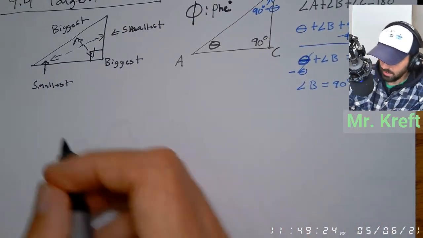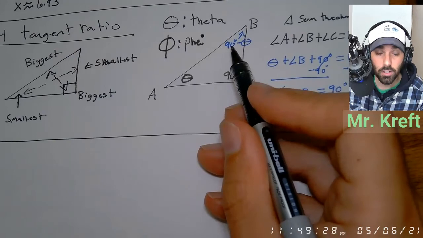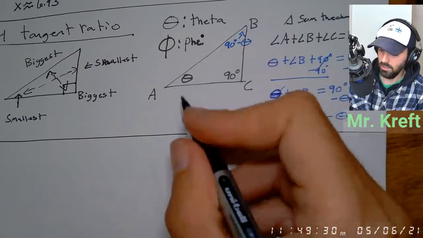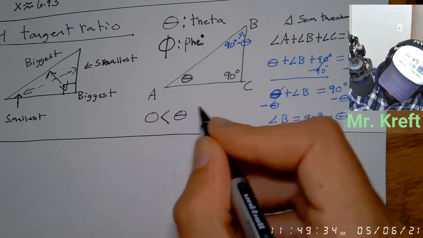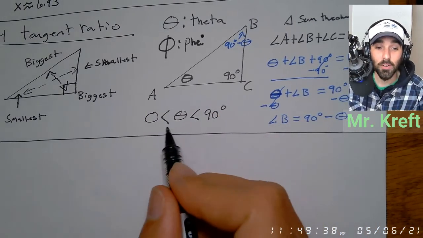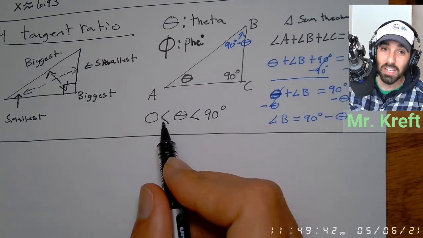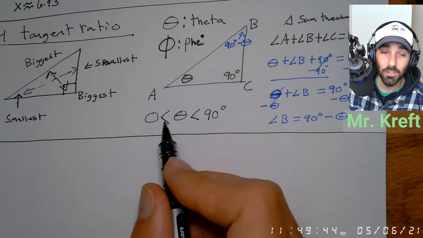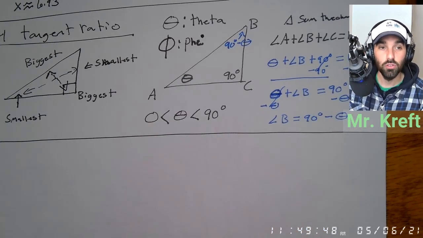It's that relationship. Okay? Now, you can imagine these angles can be anything, right? Theta can be anything greater than 0 or less than 90. Now, if you think how many angles that can be, the answer is infinite. There's an infinite amount of angles between 0 and 90.